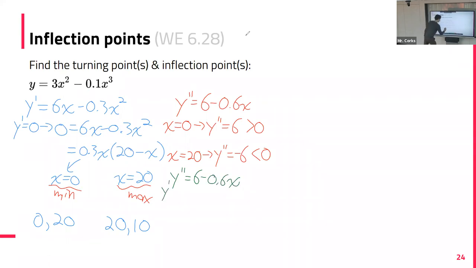So we set this second derivative equal to 0. So 0 is equal to 6 minus 0.6x. And then x is equal to 10.